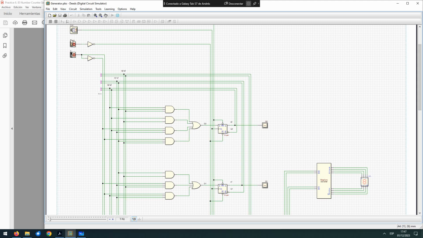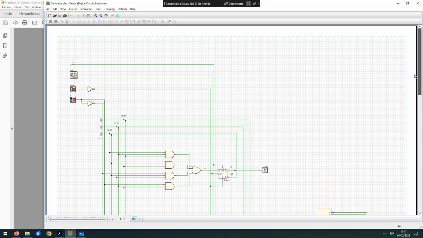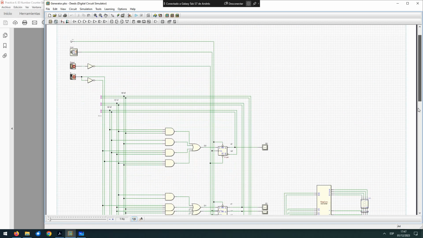So I press reset and I start having here my ID number. If I change the input, it's going to change in real time, keeping the order of the sequence shown at the 7-segment display. So this is all, okay? This is all that you have to do.